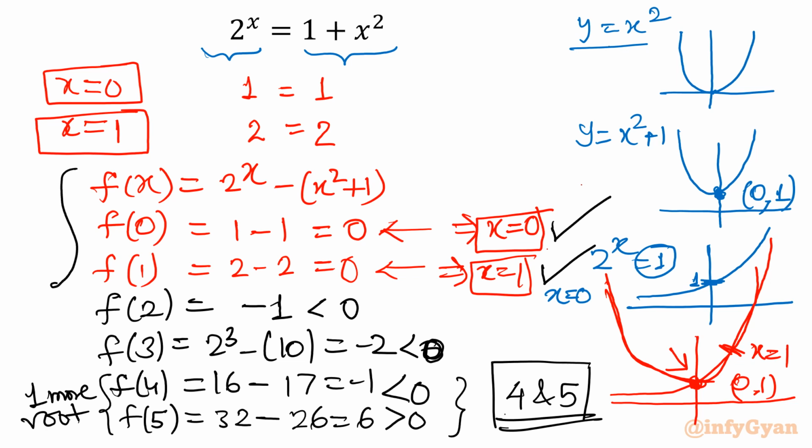And this theorem, what we have done here, is called the intermediate value theorem, from which we can conclude that in between two integers there is one solution for sure by a change of sign. If there is a sign change between f(a) and f(b), then it is confirmed that between a and b there is one real solution.